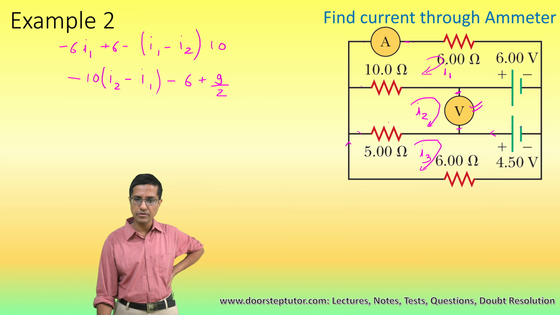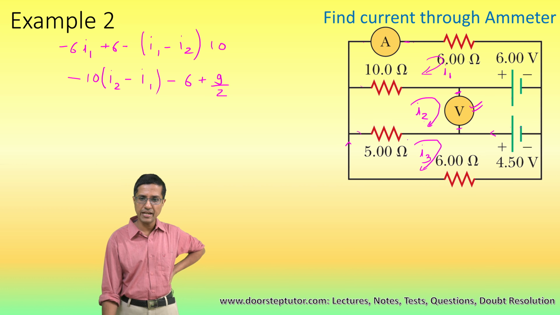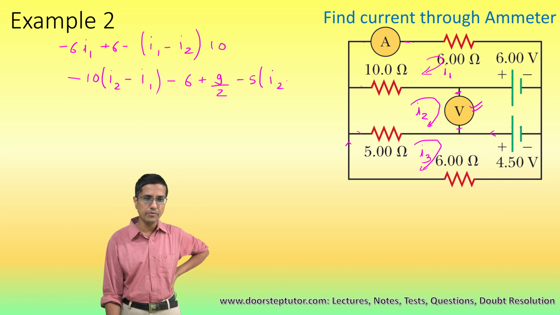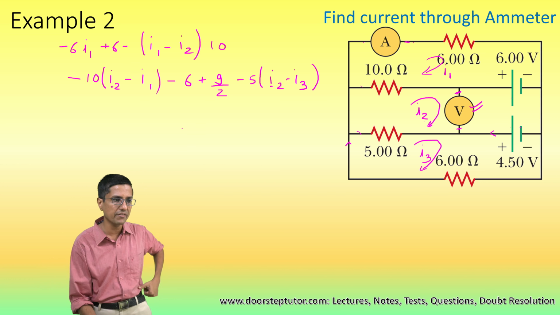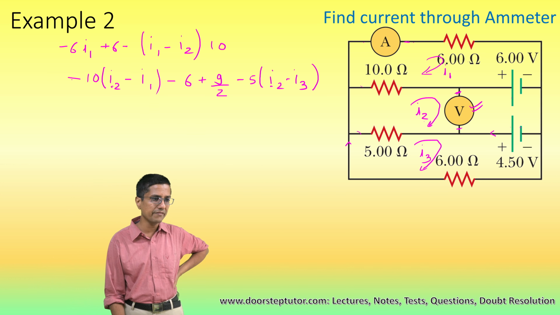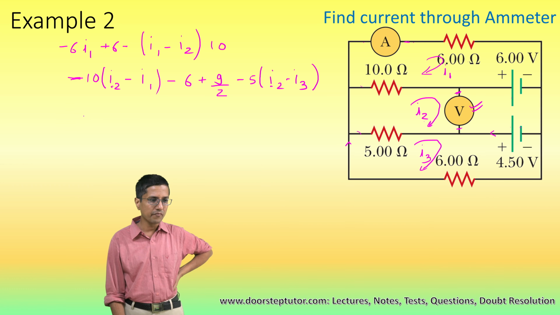Then we come across this 5 ohm resistance, which is between I2 and I3, so both the currents contribute here. So I can simply write minus 5 times I2 minus I3. Notice that I have used I2 minus the other mesh current. That's our convention, and if we follow that, then we can simply write it as a potential drop. So there is no chance of making any mistakes when writing this equation.